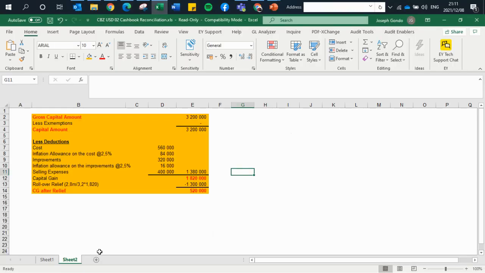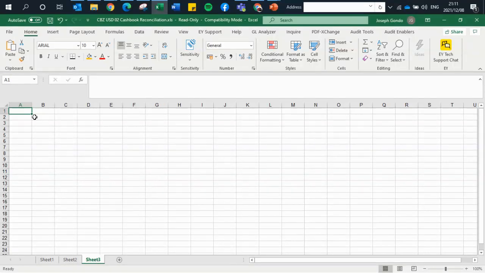Okay, let's say a specified asset or a building was sold for 5 million.